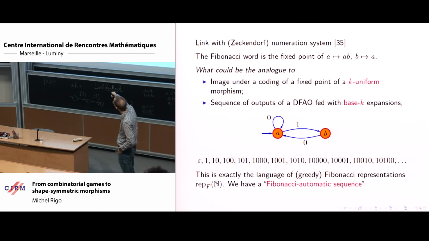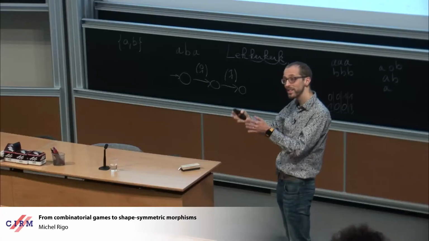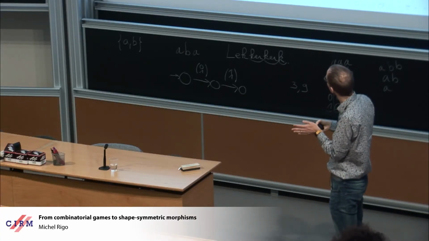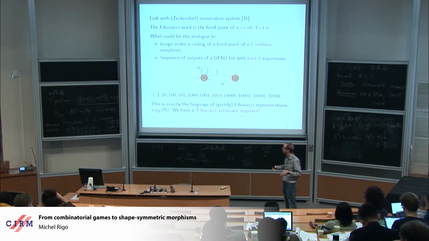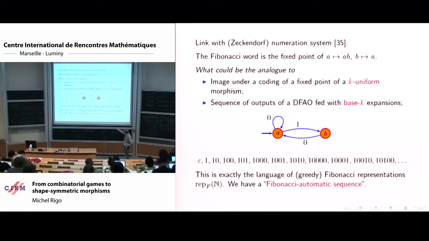And so I order these words first by length and then by lexical order. And if you consider these words and you plug them into this automaton, the state you will reach will give you exactly A or B. You get it? So if you want the first one, it's A. How do I get A?